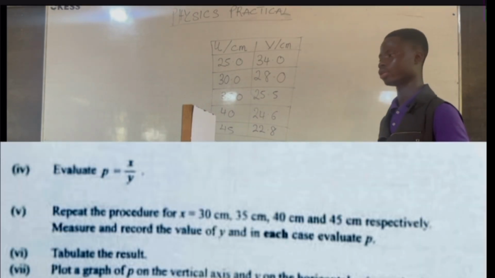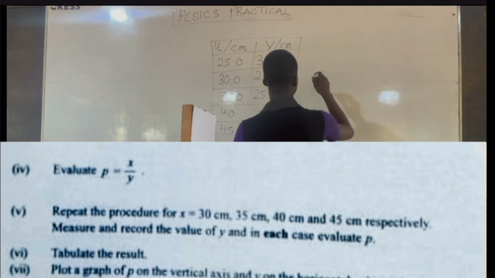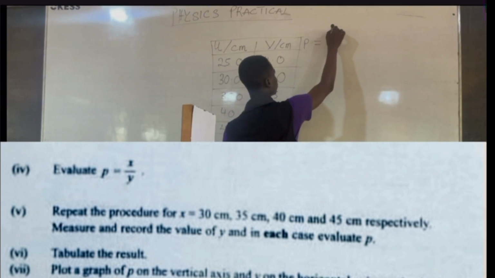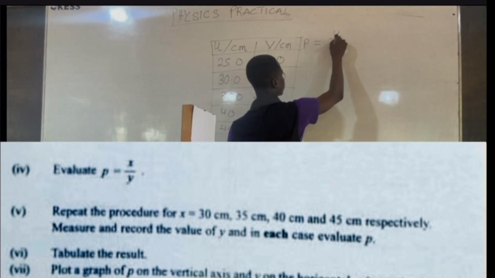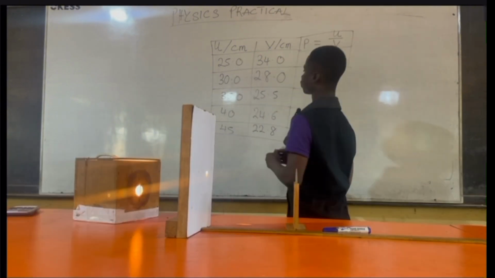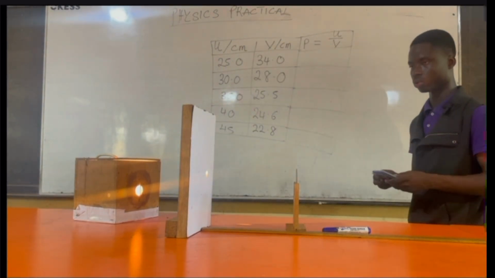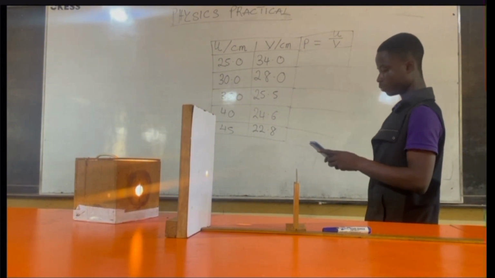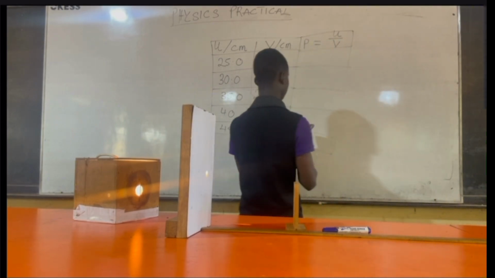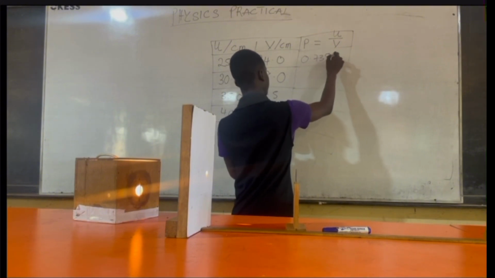We proceed with the question again, which says we should evaluate P such that P is equal to U on V. So in doing that, I'll take my calculator and I hope you also take yours as we go along with it. 25 on 34, 0.735.